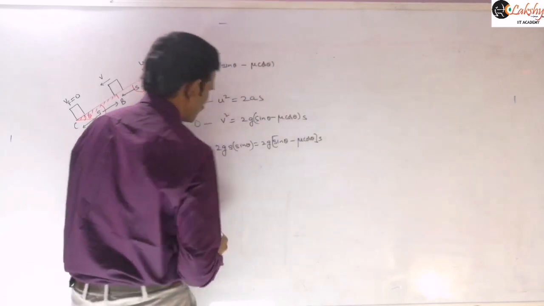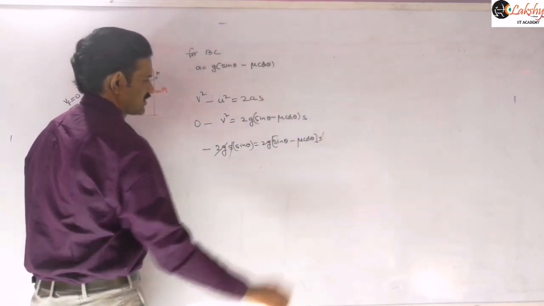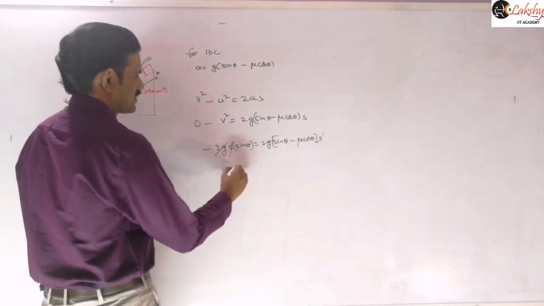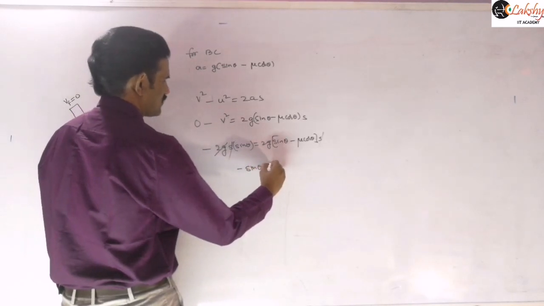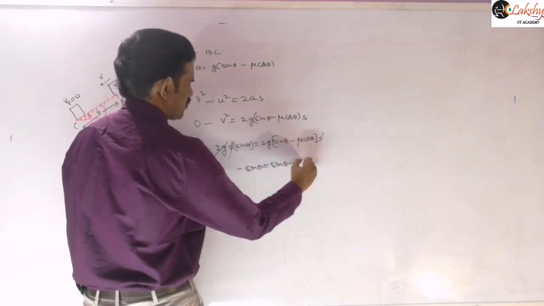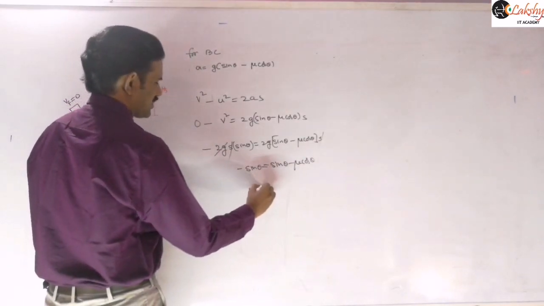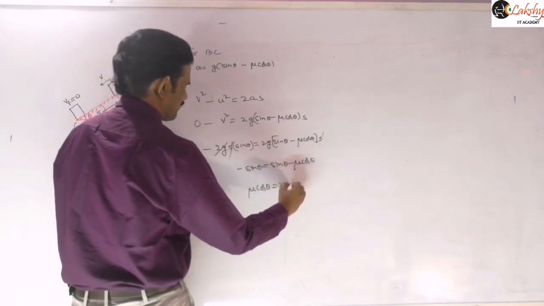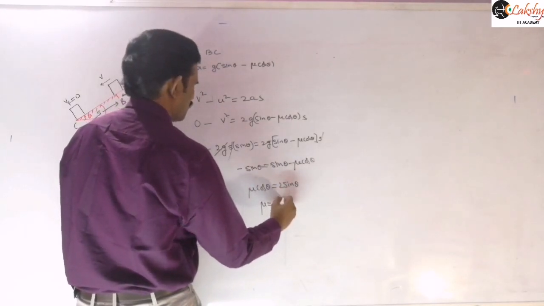The 2g and s cancel, so we get minus sin theta is equal to sin theta minus mu cos theta. Therefore mu cos theta is equal to 2 sin theta, and mu is equal to 2 tan theta.